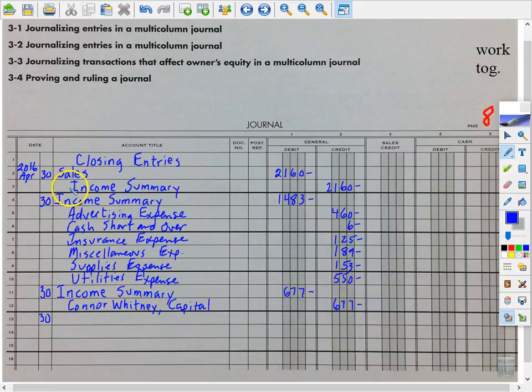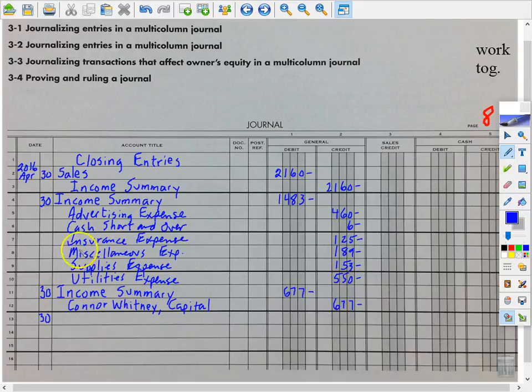So what kind of balance does drawing have normally? Okay, if I want to zero it out, then I would do a credit. What kind of balance does capital have normally? And what effect does drawing have on capital? Does it increase it or decrease it? So how do I show a decrease in the owner's capital account?